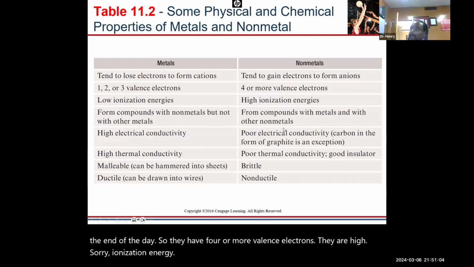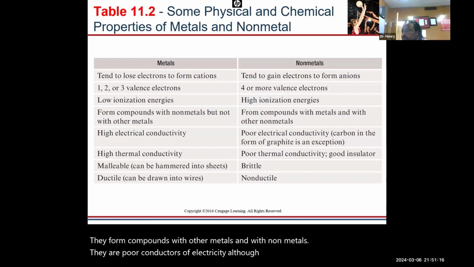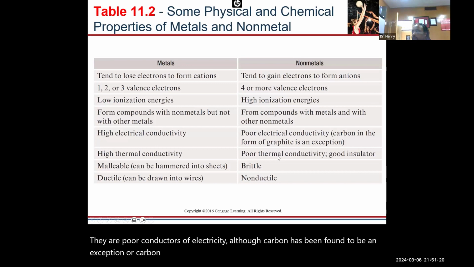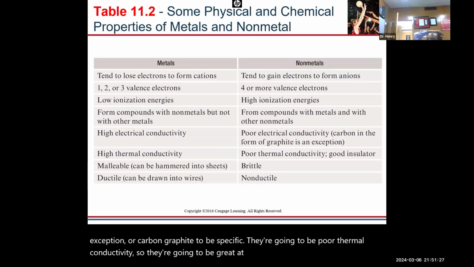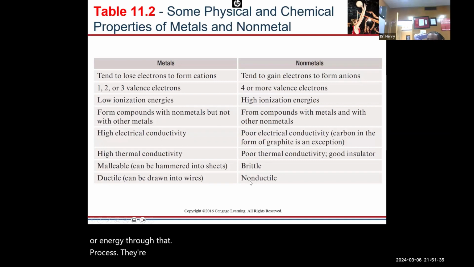They form compounds with other metals and with nonmetals. They are poor conductors of electricity, although carbon, specifically graphite, has been found to be an exception. They have poor thermal conductivity, so they're great at insulation but poor at conducting heat or energy. They're also brittle, and they can be non-ductile. Okay, questions?